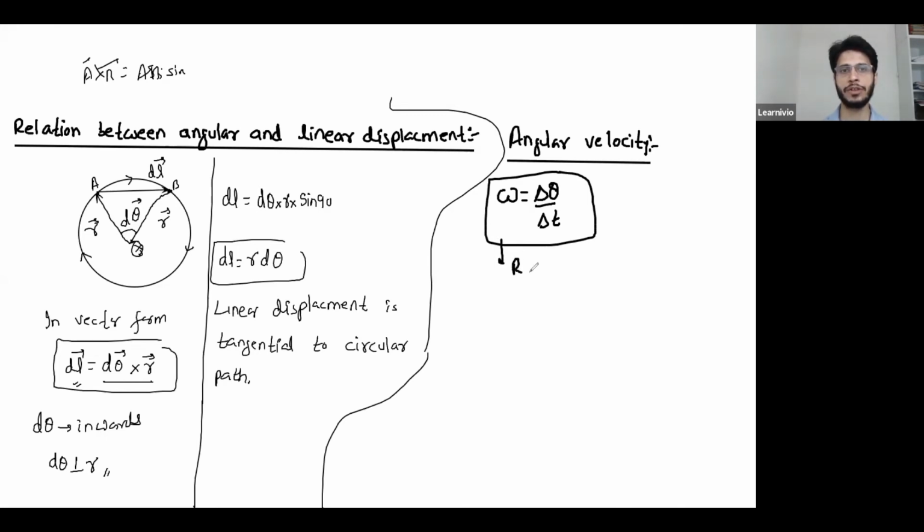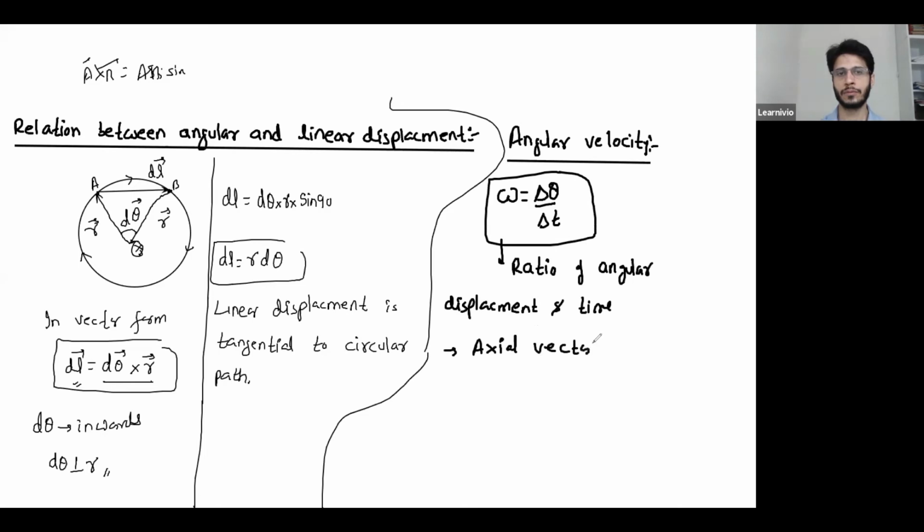This angular velocity is again an axial vector. So if it is an axial vector, its direction is given by the right hand thumb rule, the same as that of angular displacement.